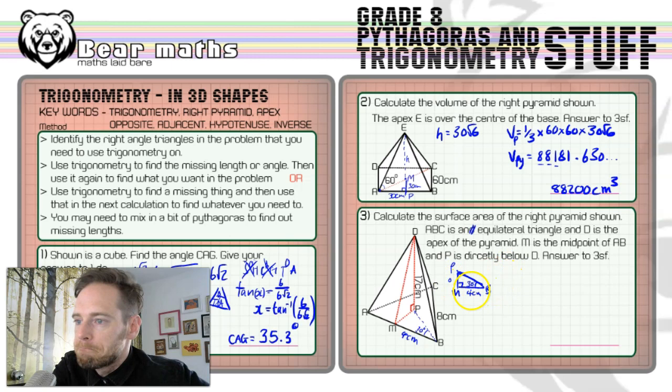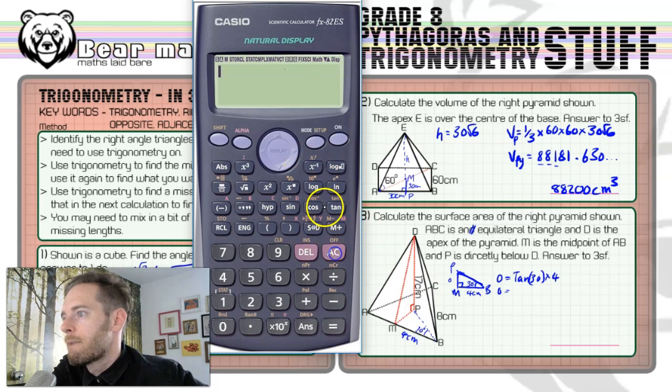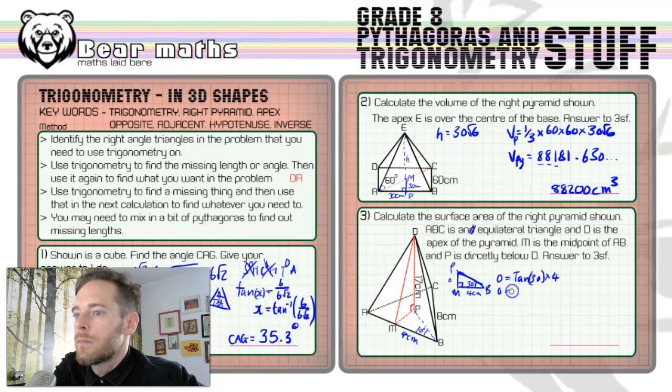Fine, let's just use that. So O equals tan of 30 multiplied by 4. Let's just type that in: 4 root 3 over 3.